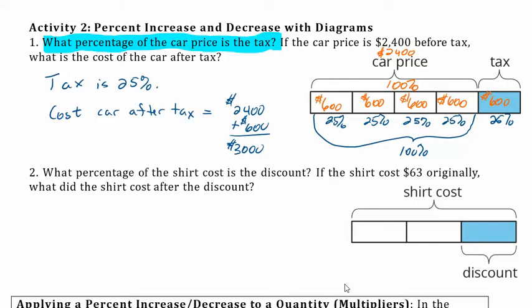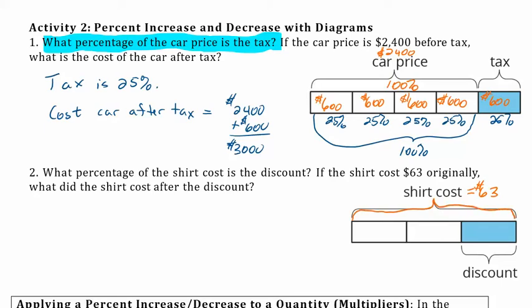The question says, what percent of the shirt cost is the discount? And if the shirt costs $63 originally, what did the shirt cost after the discount? The shirt cost $63 originally, so that's this total amount, all 3 of these blocks. All 3 of these blocks have to add up to 63.